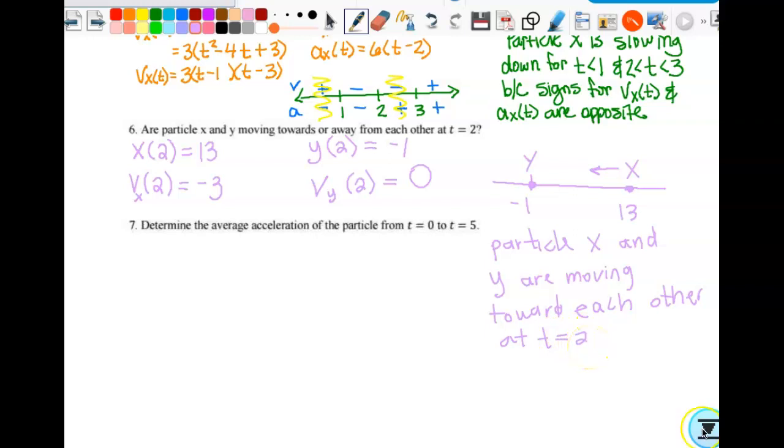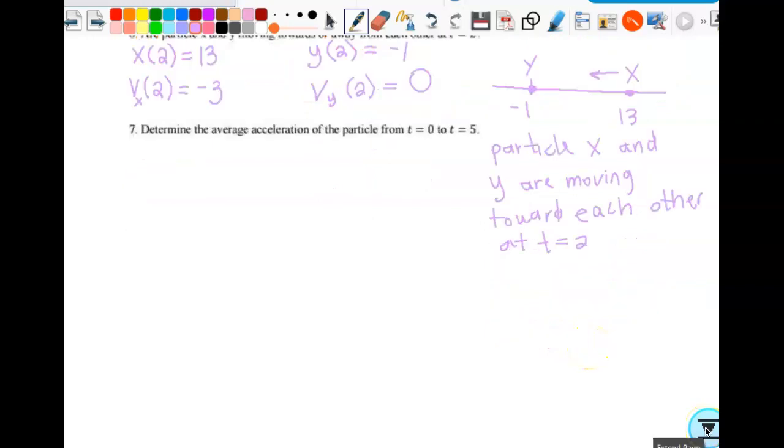All right, so now I need to provide a calculus justification. Since y of 2 is less than x of 2. So that's my way of saying particle y is on the left side of particle x at time 2. Does that make sense?